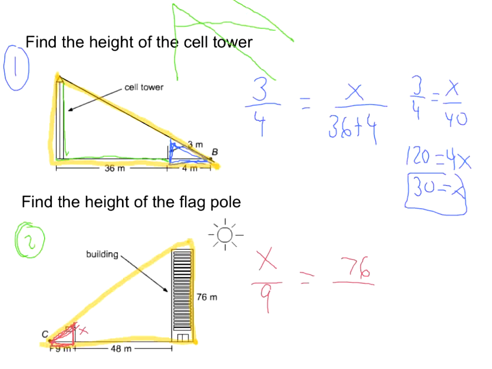It's the 48 plus the 9. 48 plus the 9. So that would be 57. Cross multiply. 9 times 76 is 84 divided by the 57. So my x would be 12.